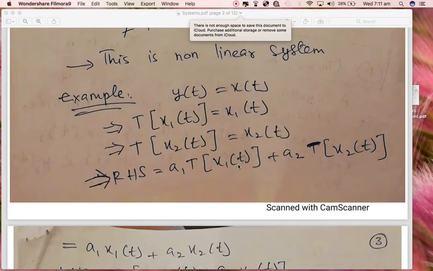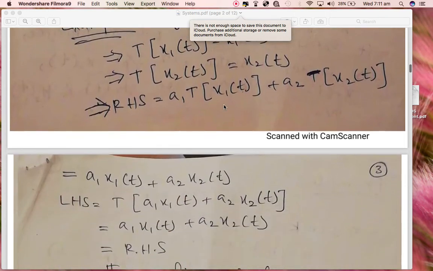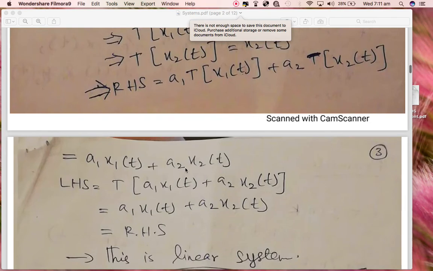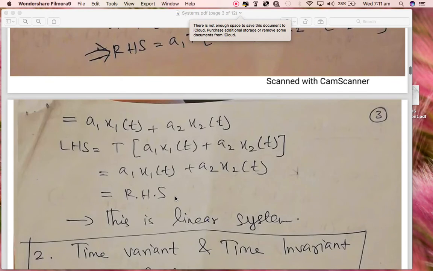And when we put these values on the right hand side equation, which is a mathematical equation that needs to be proven in order to tell whether the system is linear or non-linear, we get this answer. Now we take the left hand side of the equation.